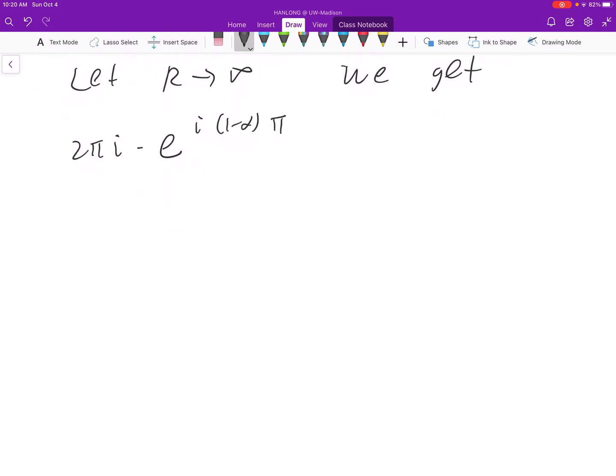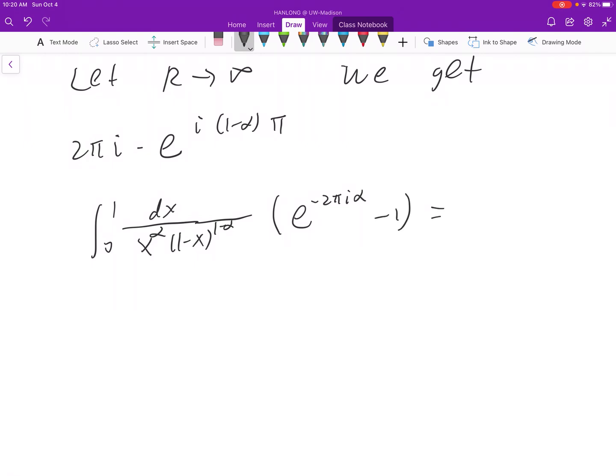Therefore, combining with the Cauchy-Goursat theorem, we know that the real integral dx x to alpha, 1 minus x to 1 minus alpha, times exponential negative 2 pi I alpha minus 1, equals 2 pi I exponential I 1 minus alpha pi.